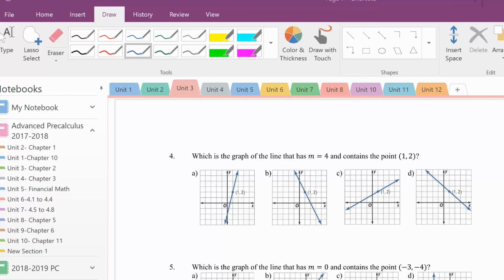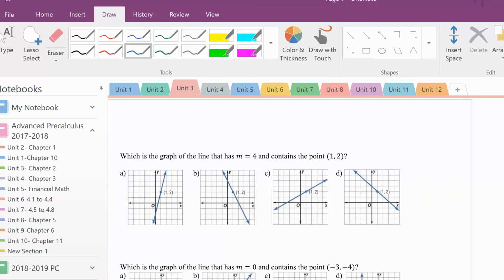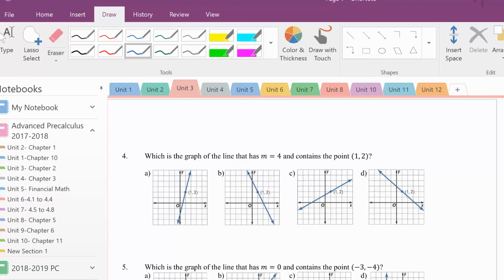So if you look at number 4, it says, which is the graph of the line that has the slope of 4 and contains the point 1, 2? Notice the slope is positive, so it's going to rise from left to right. So B is out because it falls from left to right.